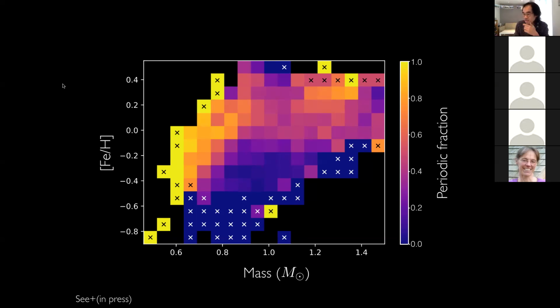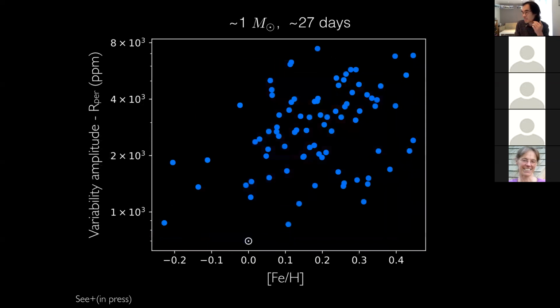Now, this next slide I wasn't originally going to discuss, but on the back of Timo's talk, I thought I'd just shove it in there. So this is variability as a function of metallicity, but for a solar mass bin. All these stars are approximately solar mass and approximately 27-day rotation periods. Again, we can see this nice positive correlation between the two quantities.